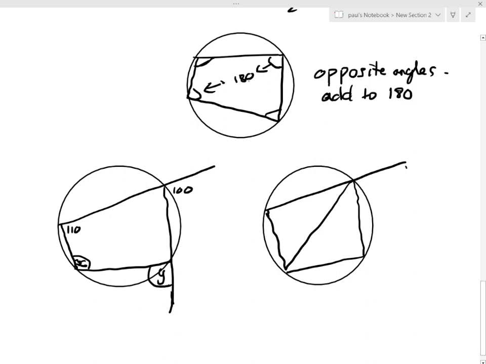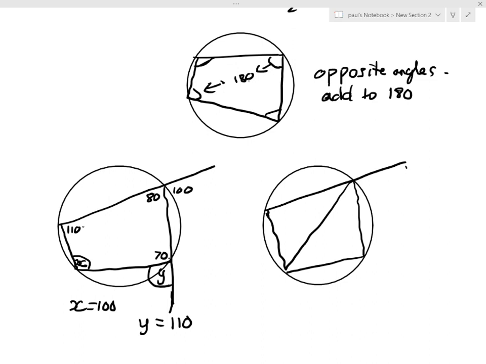First up, this is a straight line, therefore this one will be 180 minus 100, so that makes 80. And opposite angles add to 180, so x will be equal to 100. And opposite angles here add to 180, so this angle over here is 70, and y and the 70 are on a straight line, therefore y will be 180 minus 70, which is 110.